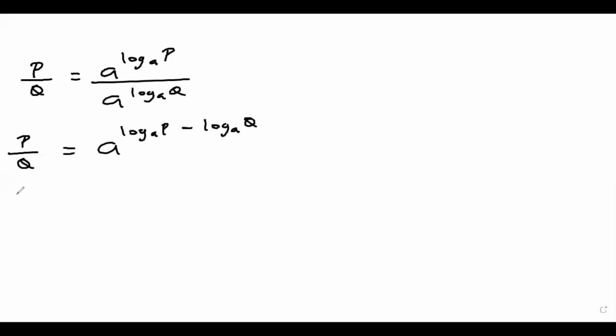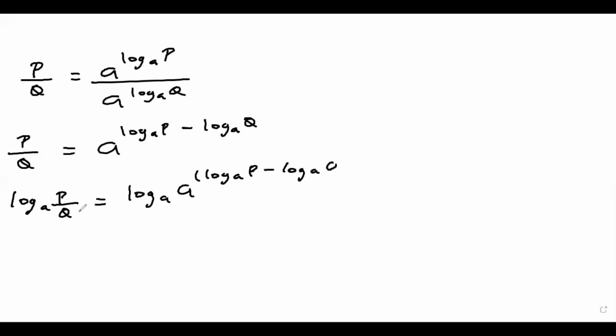So now if we log both sides, it's log base a of p over q, that would be equal to log base a of a to the log base a of p minus log base a of q.